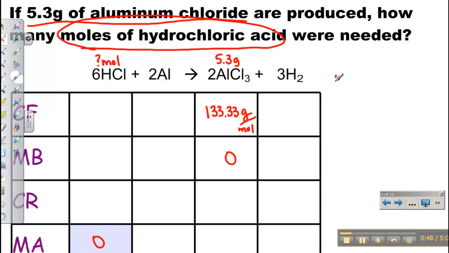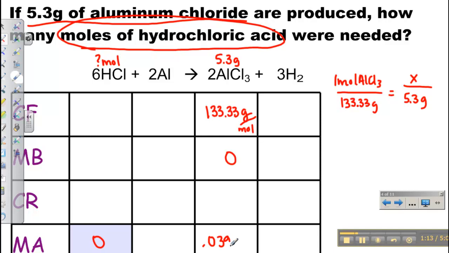So if we set up our problem, 1 mole of aluminum chloride over its molar mass is going to equal X over 5.3 grams. Okay, so we're solving for X here. So I can tell you that X is going to equal 0.03975 moles. And I carried that out a little far.